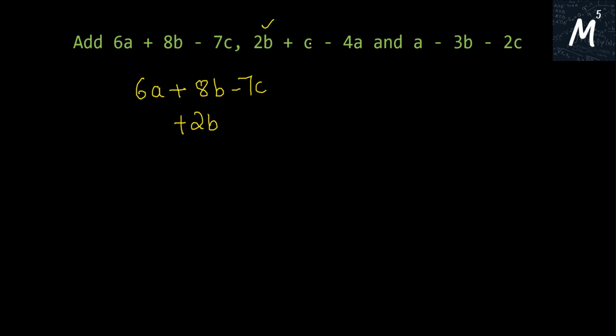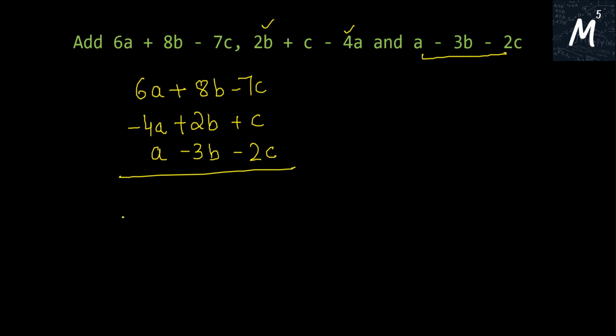The second term is plus c, so it will go under c. The last term in this one is minus 4a, so minus 4a will come under 6a. Let's write down the third expression. Now this a will come under a, minus 3b under the b terms, minus 2c under the c terms.